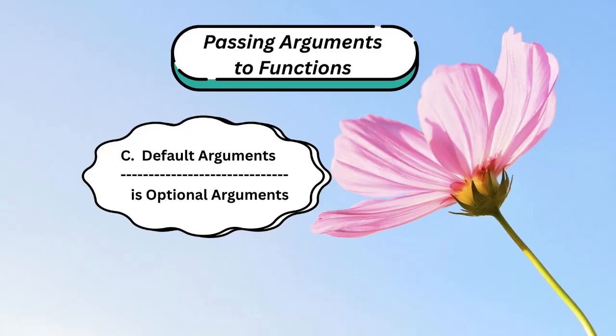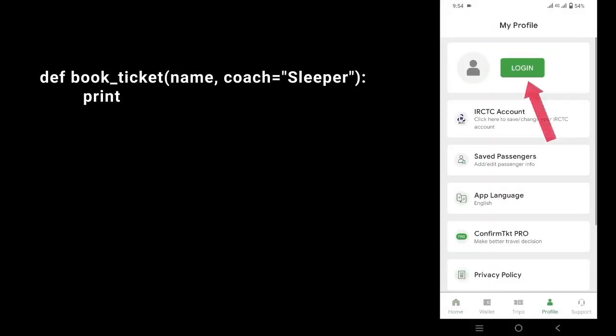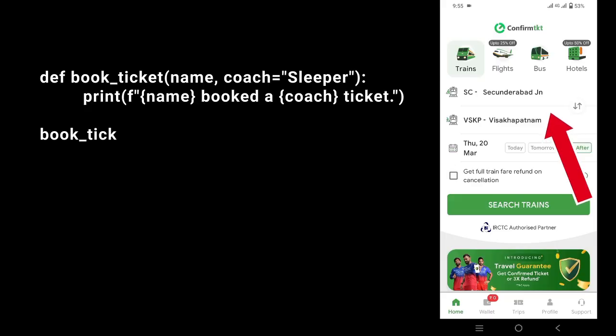What are default arguments? Default arguments are values automatically used by a function if no value is provided for the parameter during the function call. Real life example, booking a train ticket. If you don't select your coach type, it defaults to sleeper class. But you can change it to AC if you want.